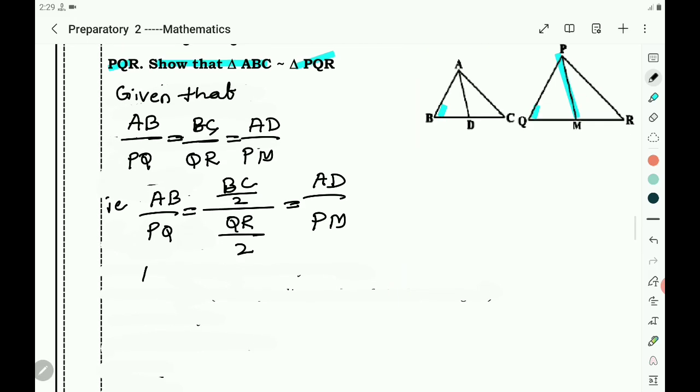Then you write AB by PQ equals BC by 2, means you take BD, by QR by 2, means take QM. Half of QR is QM, half of BC is BD. QM equals AD by PM.